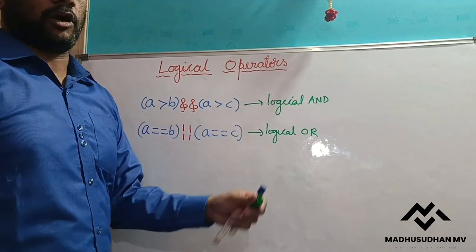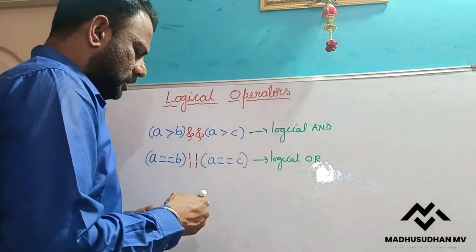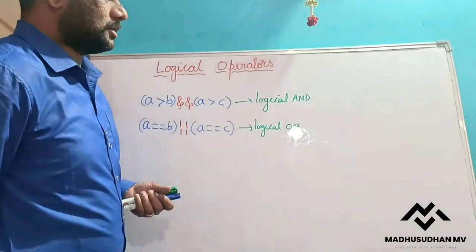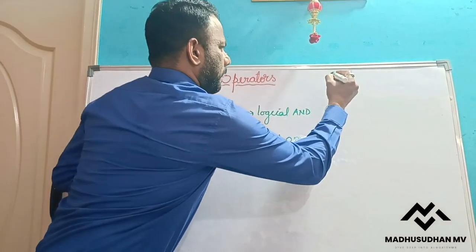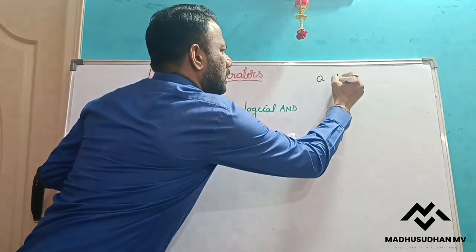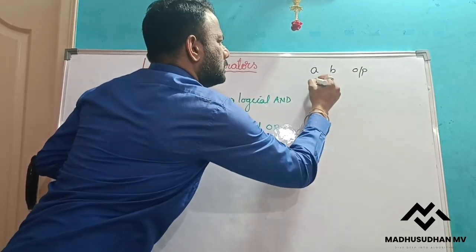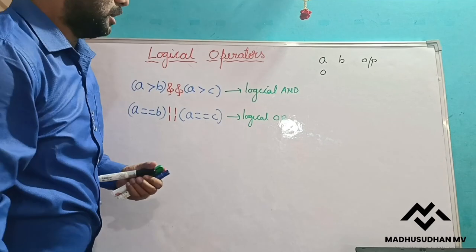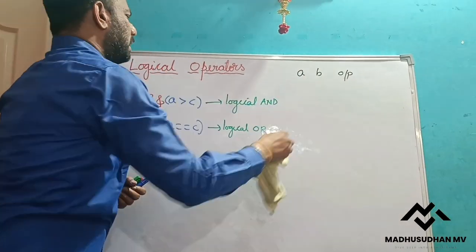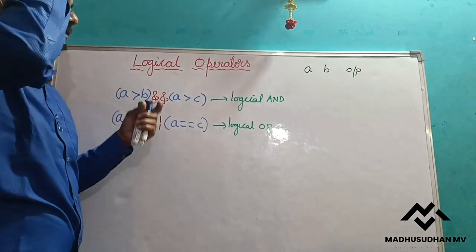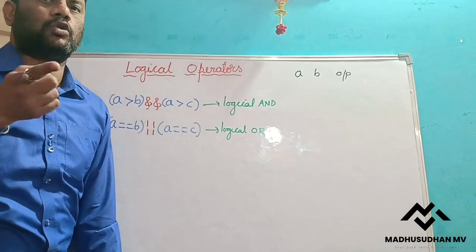You know the AND gate operation. So what is the AND gate operation? Suppose you have two variables X and Y, or A and B. In logical operators, the result of a logical operator is always either true or false.